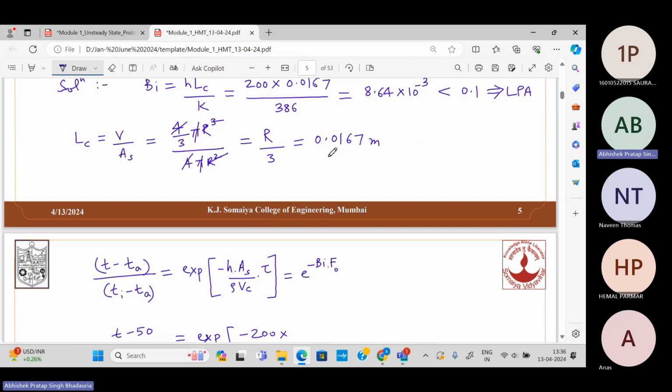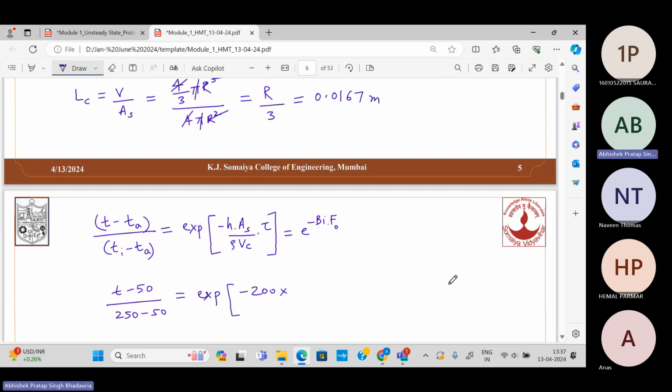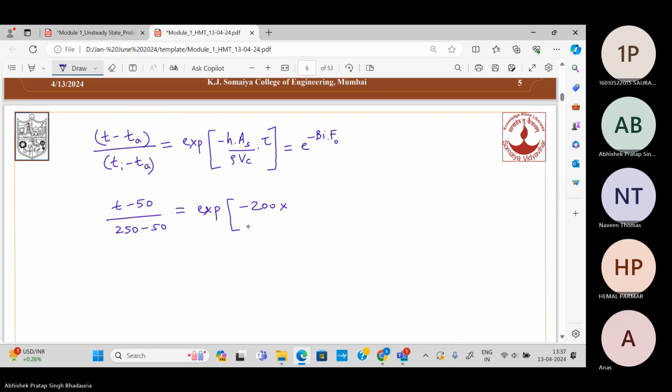So we can directly put that value. No need to put the value of As and V separately. Fine. So let's do it.